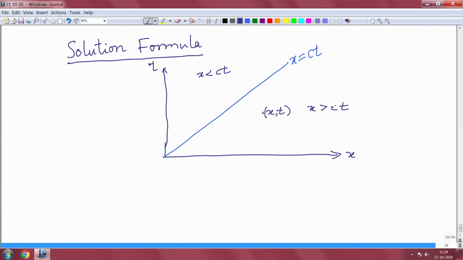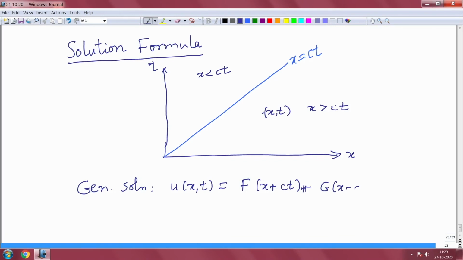And again, the general solution of the wave equation, we already know that. So, the general solution in whatever domain is of this form, f of x plus C t plus g of x minus C t. There is no change here, we can use just the characteristic variables and obtain this.